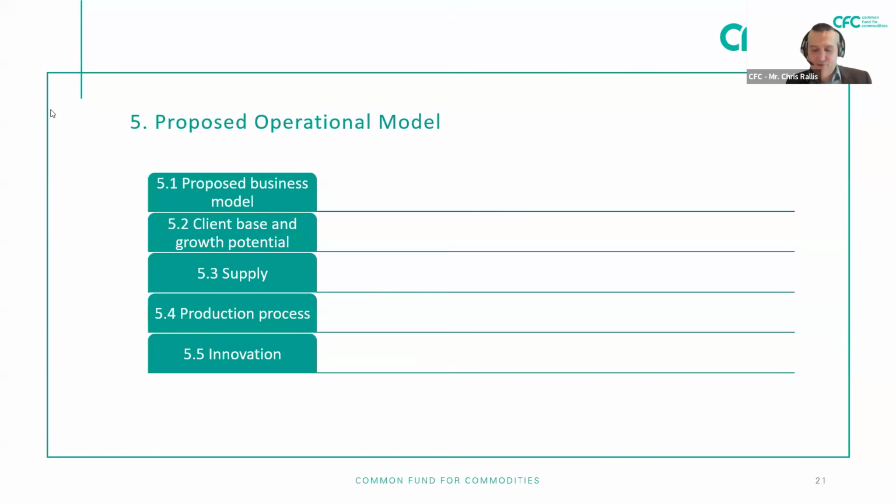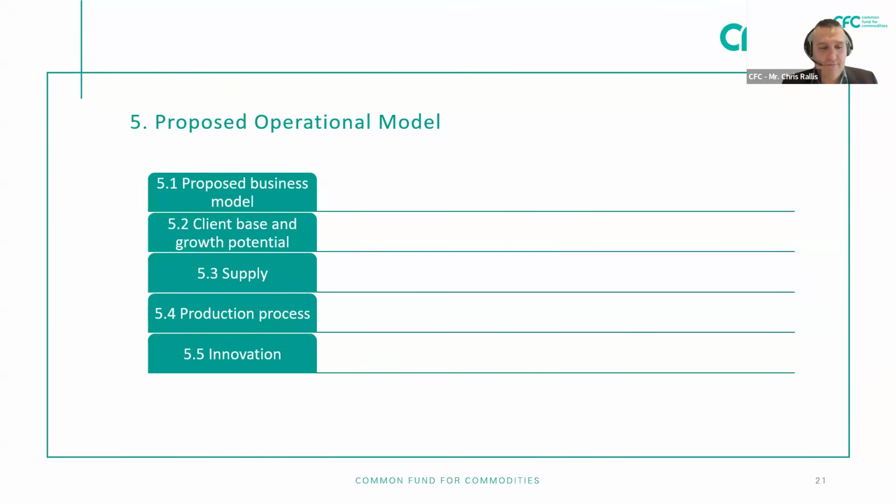Section 5.3 is where you describe the impact of CFC financing on your supply line. So are you going to onboard more smallholder farmers in your sourcing network, or are you going to increase the volumes that you are sourcing from the existing smallholder farmers that you have in your network?